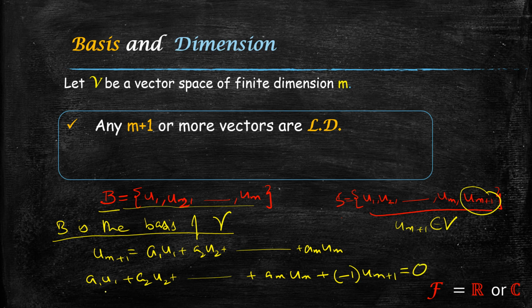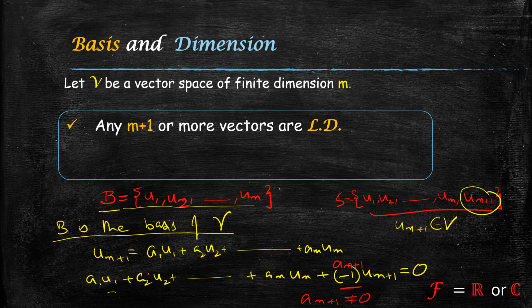So here I have a linear combination of vectors u1, u2, u3, and so on, and u(m+1). But one of the coefficients is non-zero. Which one? This one. This coefficient is equal to minus 1, or I can say that the coefficient a(m+1) is not equal to 0.